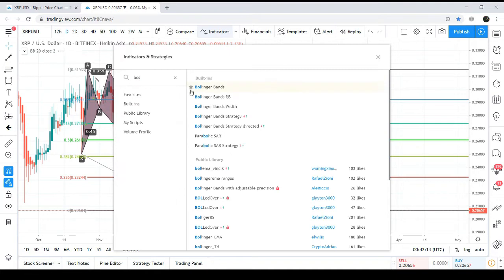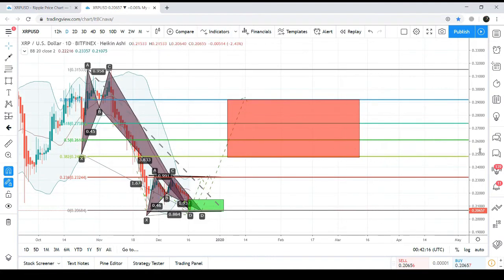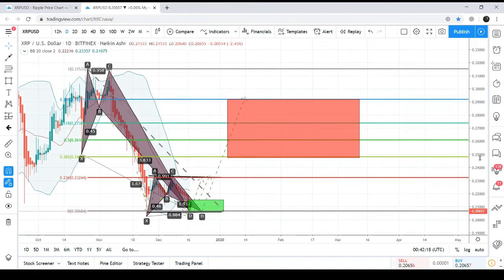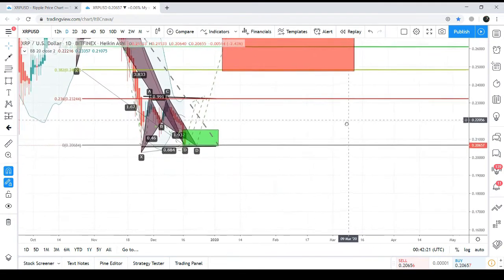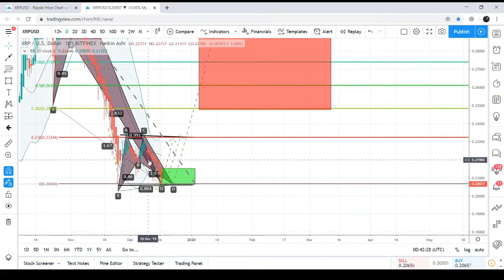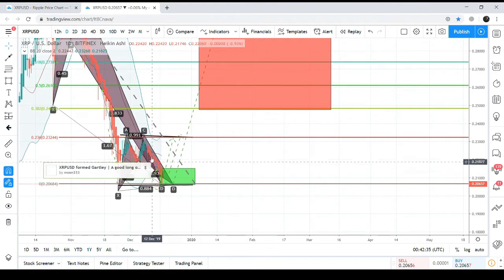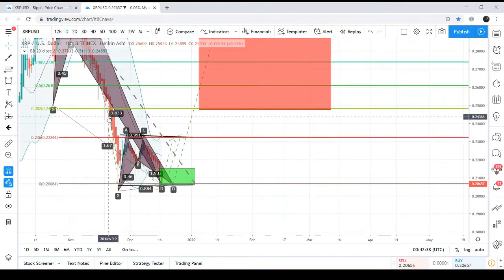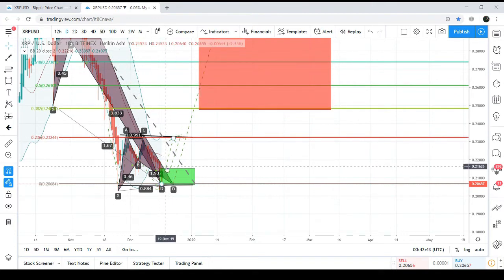We can see that the price action is hitting the lower band of the Bollinger Band for the second time. The first hit was on 25th of November, and now the second time it is hitting on 16th of December. The Bollinger Band at this time is almost sideways. On 25th of November, it was a steep down, but now it is sideways. So it can have more support of the Bollinger Bands this time.